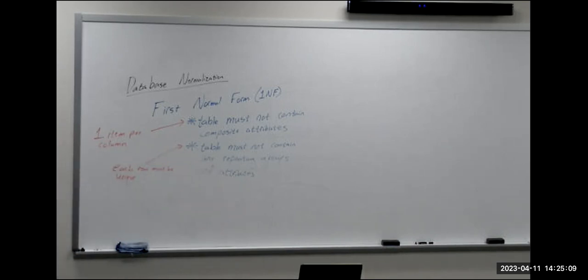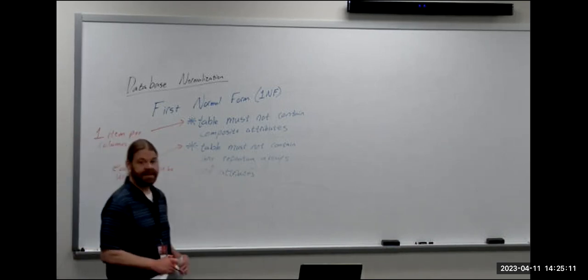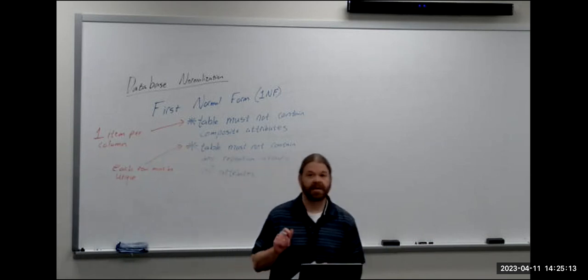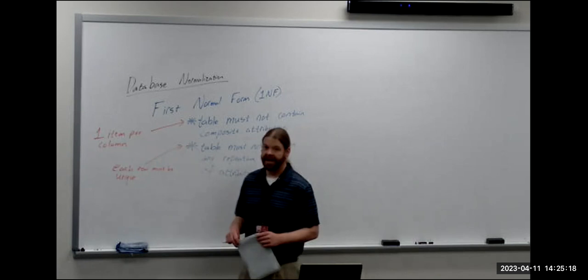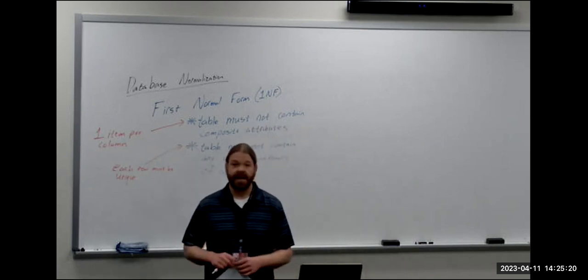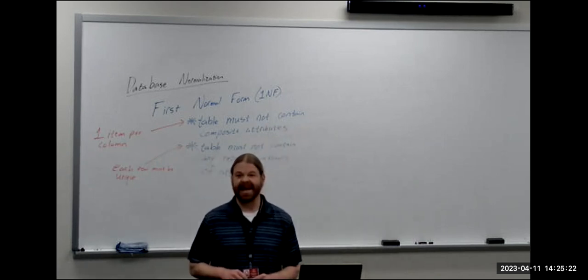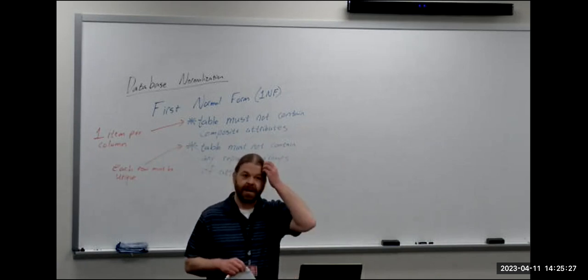Each row must be unique. And not say that there has to be a unique field. There is no requirement for like that ID field we keep going in. Doing that is just an easy fallback, so we don't have to think very hard about it.